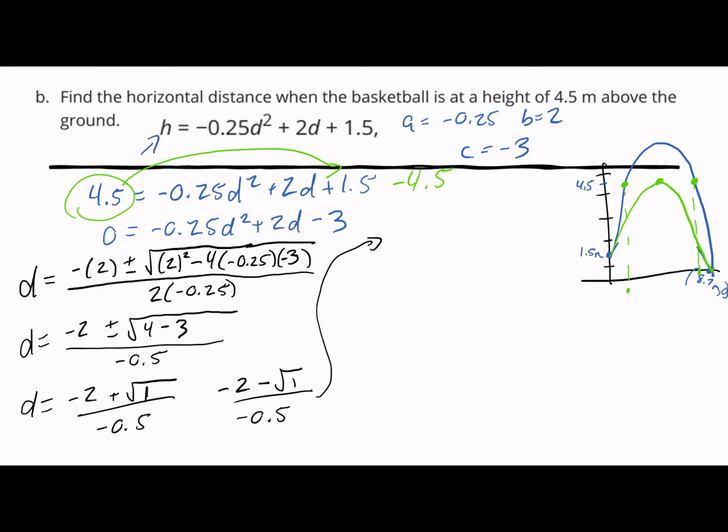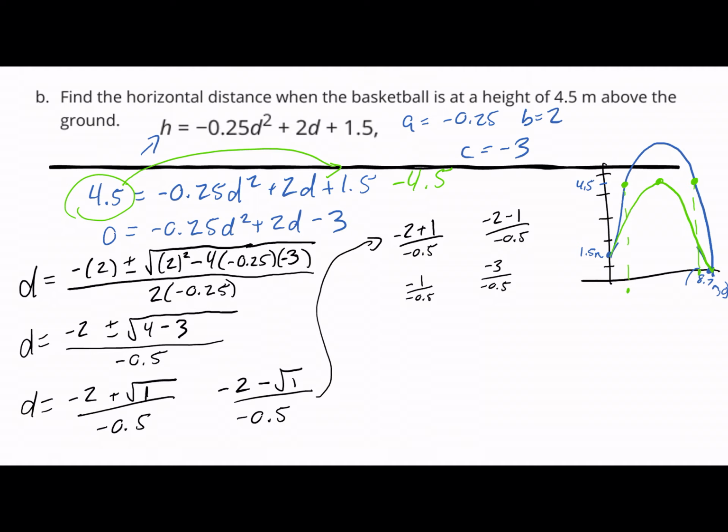So I'll bring it up here. So negative 2 plus the square root of 1 is 1, all over negative 1/2. And we have negative 2 minus 1, negative 1/2. So we end up with negative 1 over negative 1/2, which again, those cancel themselves out, and negative 3 over negative 1/2.